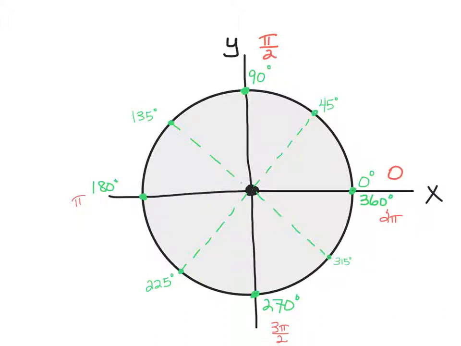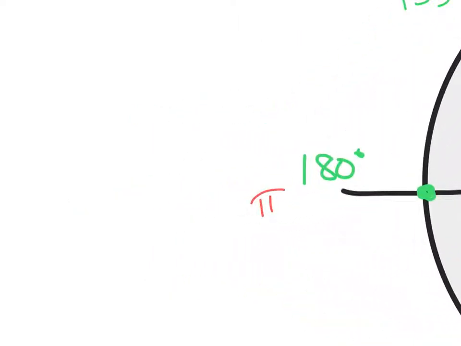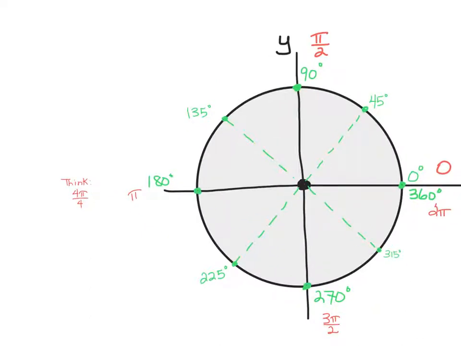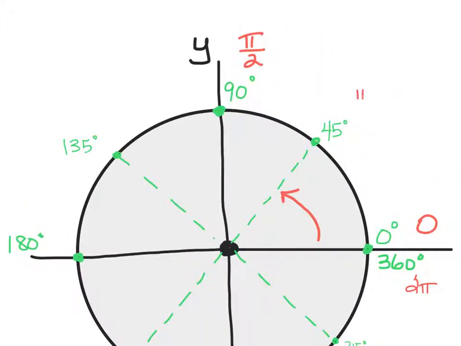Now, if you think of the top half of the circle, or from 0 to 180, as 4 pi over 4, which of course is equal to just pi, then this first fourth of the top half is going to be 1 pi over 4, or just pi over 4.